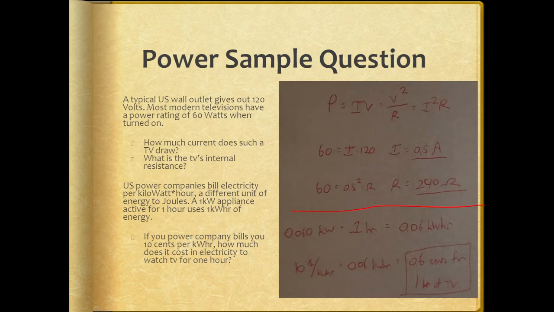So, US wall outlets have a voltage of 120 volts, which is a lot. Considering most batteries you'd buy in the store are 1.5 volts or maybe 9 volts, 120 is a lot, actually.